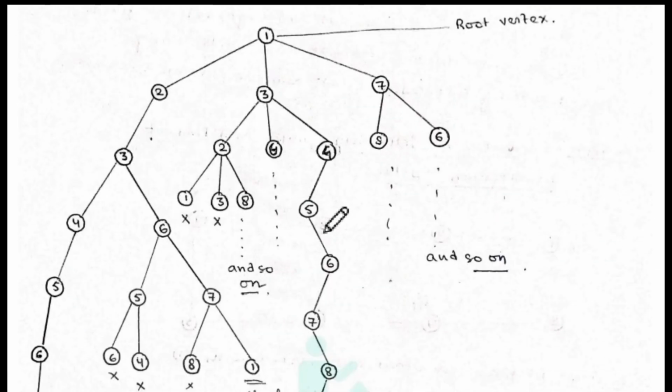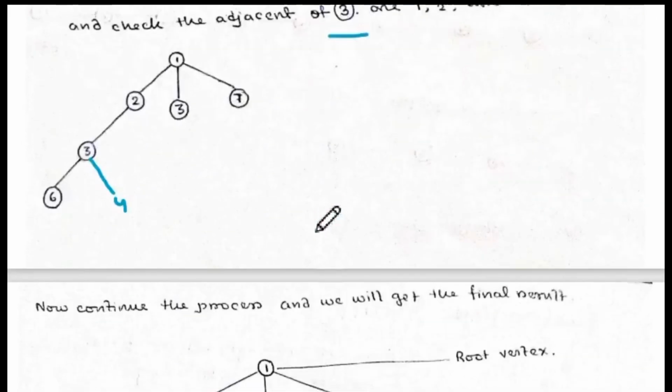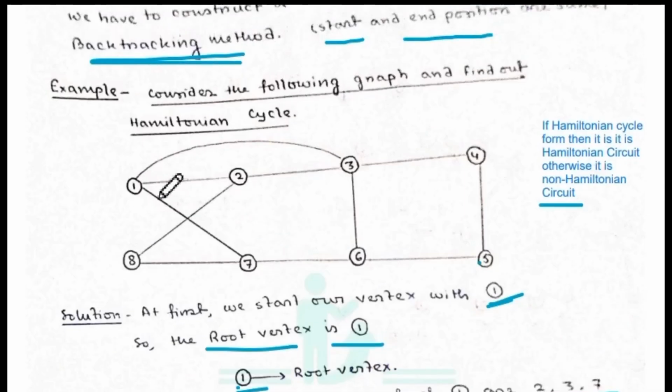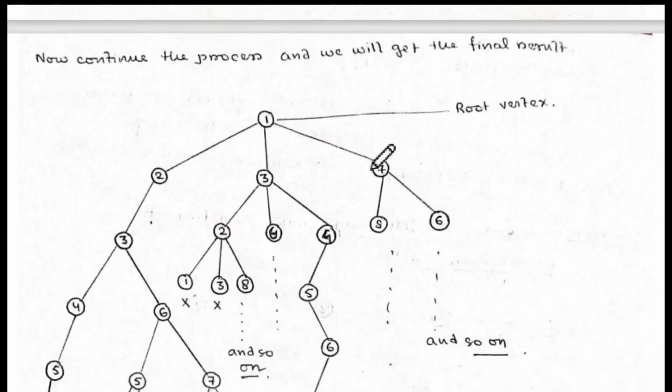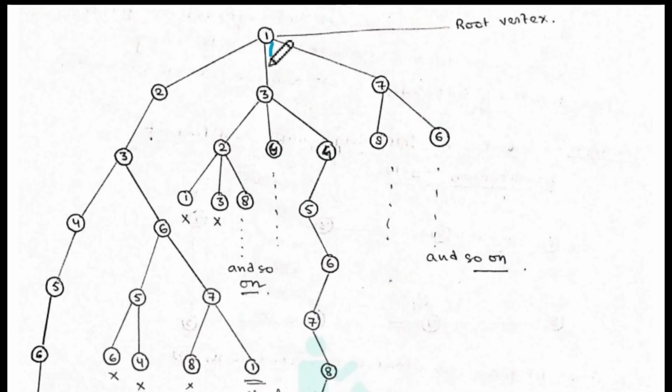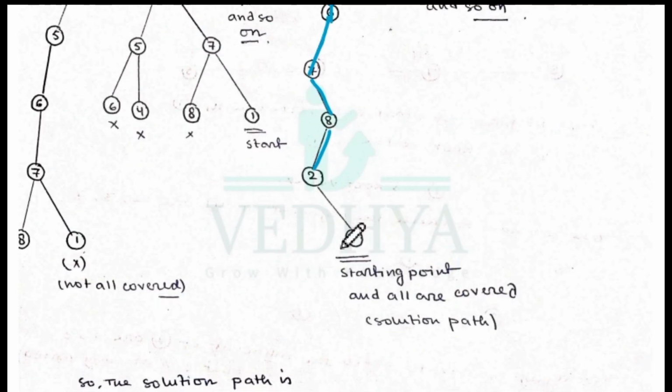All outcomes are given here. The adjacents of 3 are 2, 6 and 4, but the solution we get is: 1 to 3, 3 to 4, 4 to 5, 5 to 6, 6 to 7, 7 to 8, 8 to 2 and 2 to 1.